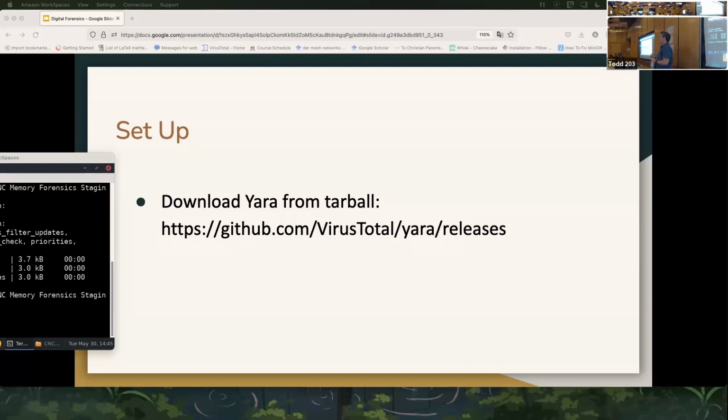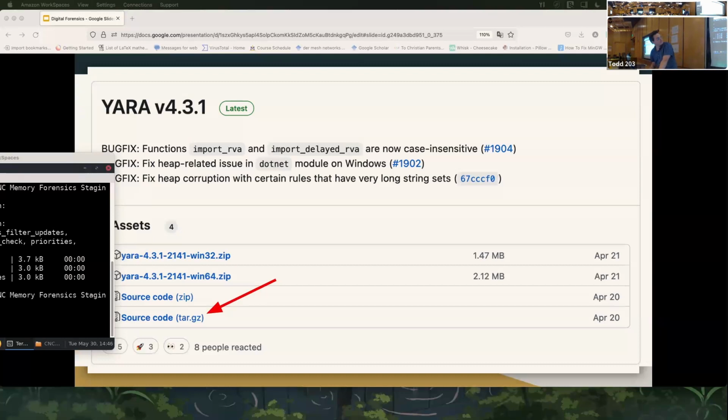For those of you who get there faster and know what tar is, you want to download the .tar file. This is the source code one. Yep, source code tar.gz.